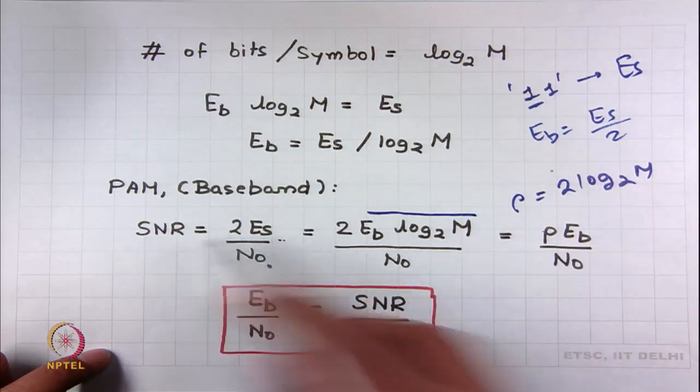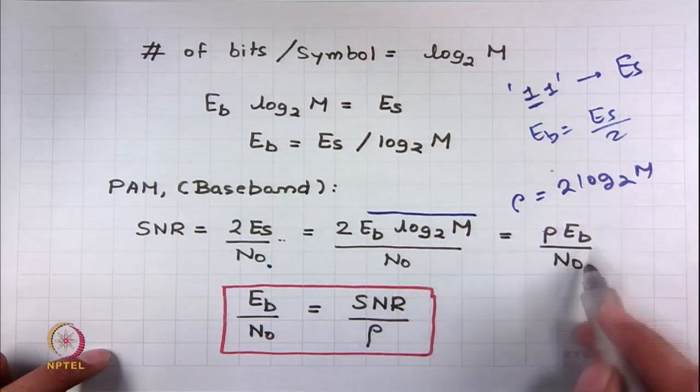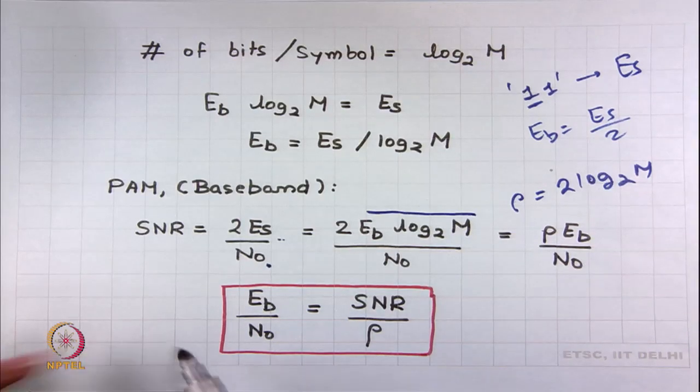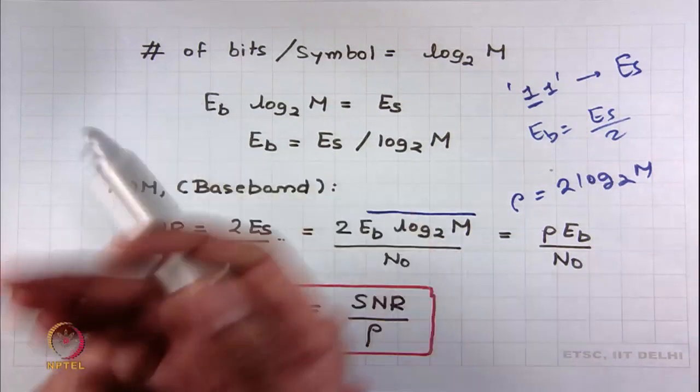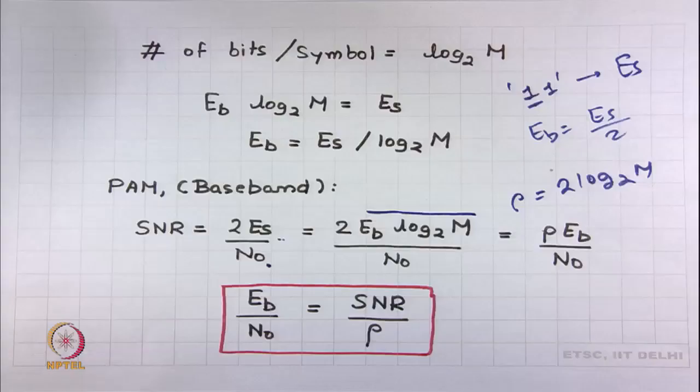So we can write signal to noise ratio as rho times Eb by N naught. Eb by N naught is also known as EbNo. Instead of saying Eb by N naught all the time, it is more convenient to say EbNo. So signal to noise ratio is rho times EbNo, and EbNo is signal to noise ratio divided by rho.